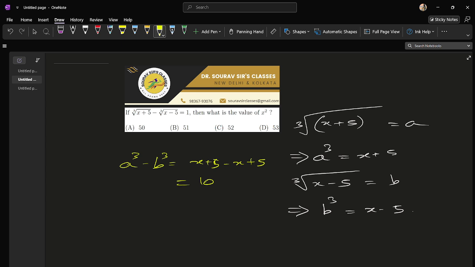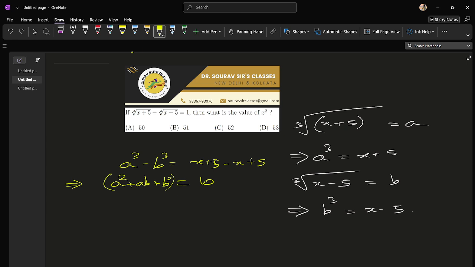And on this side, we know the formula of a cube minus b cube, so that will be a minus b into a square plus ab plus b square. We know that a minus b is equal to 1, which is given in the question. So a square plus ab plus b square is equal to 10.